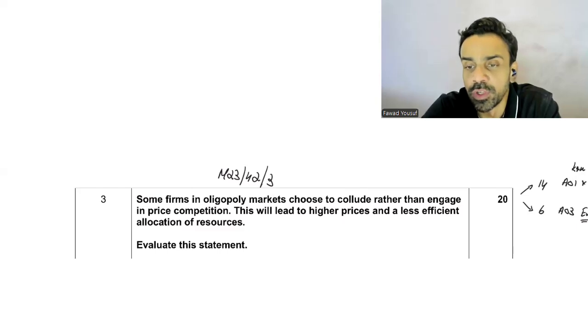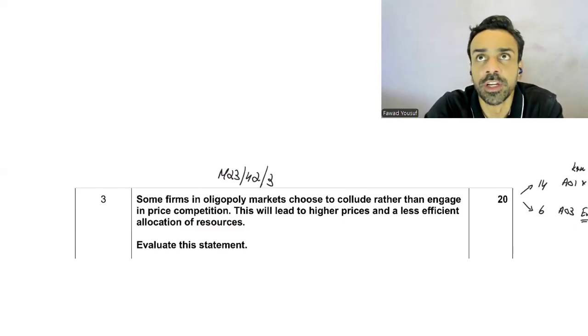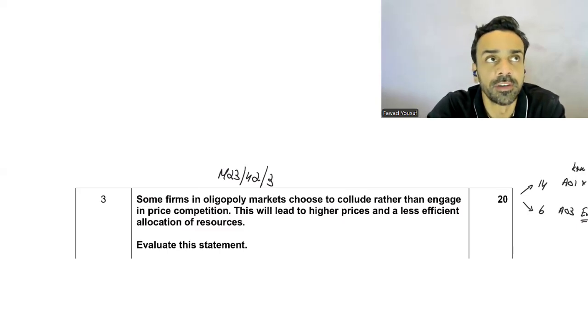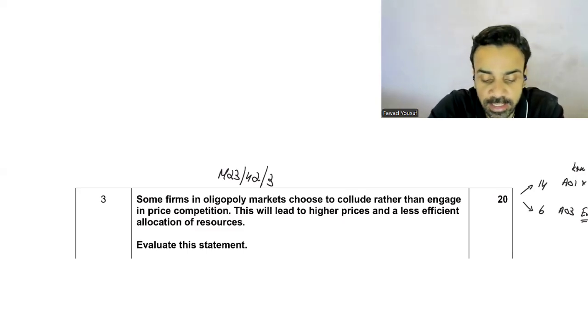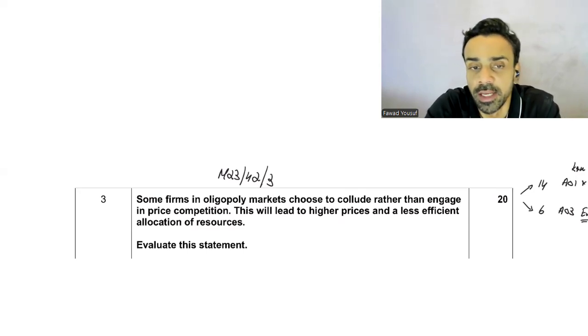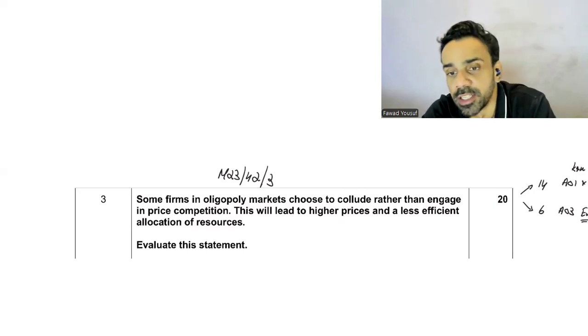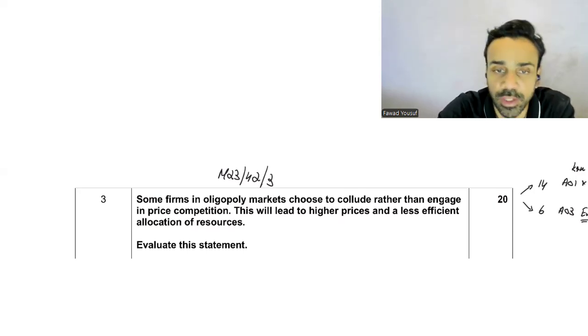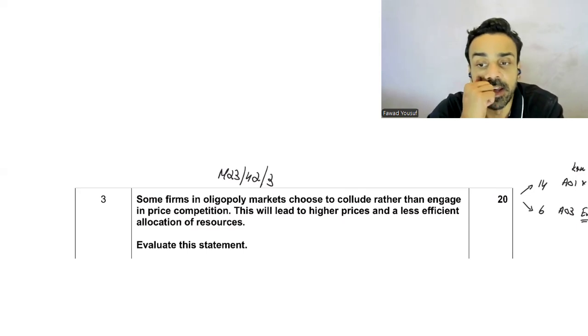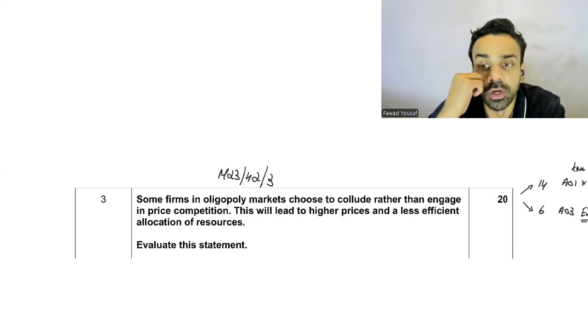But the key question, after everything that you are explaining, as you write your paragraphs, you have to continuously go back and say, look, I had said that prices will be higher and we will be less efficient. So again and again your answer needs to connect to the question. And then in your evaluation, we can talk about that.